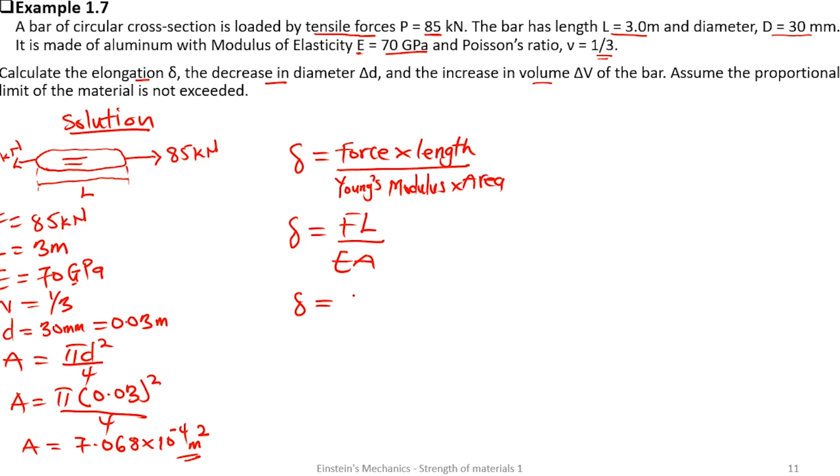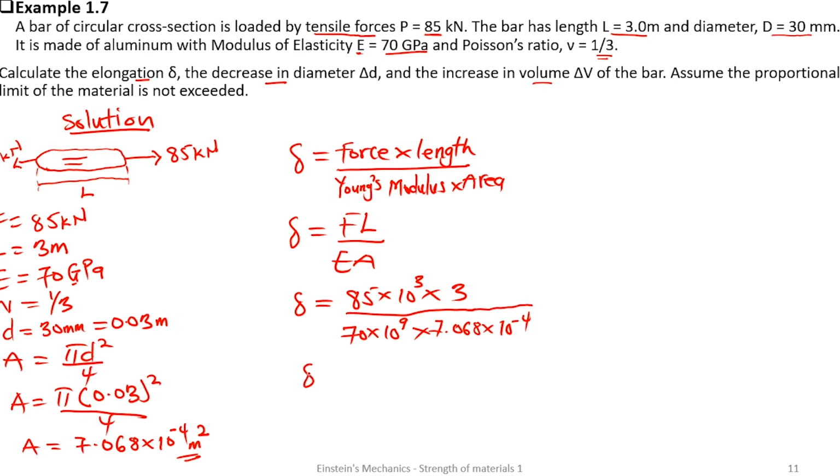The force was 85 kilonewtons. The length was 3 meters. The E, Young's modulus, was 70 gigapascal, which is 70 times 10 raised to the power positive 9, times the area. We had 7.068 times 10 raised to the power negative 4.